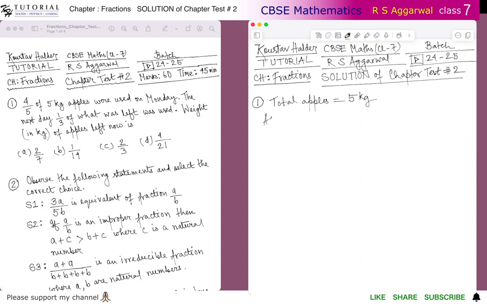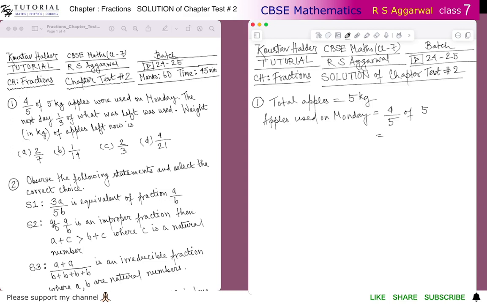So apples used on Monday is 4/5 of 5. I am omitting the unit, that is I am omitting the kg. I hope you will understand.